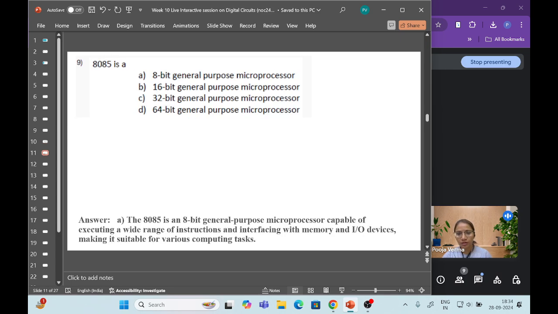So now, moving to the next question. This one is also a general or basic question. 8085 is: option A, an 8-bit general purpose microprocessor; option B, a 16-bit general purpose microprocessor; option C, a 32-bit general purpose microprocessor; or option D, a 64-bit general purpose microprocessor.